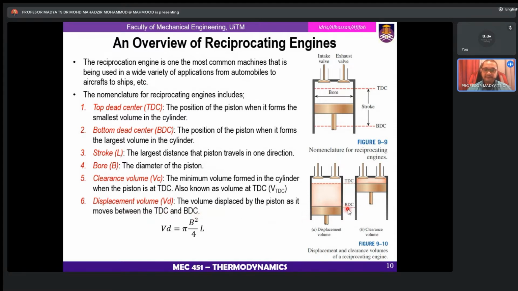The formula we can formulate from this statement is VD equals pi B squared over 4 times L, where B is the bore and L is the stroke. With this we can find the displacement volume based on the specifications given for the piston and cylinder.